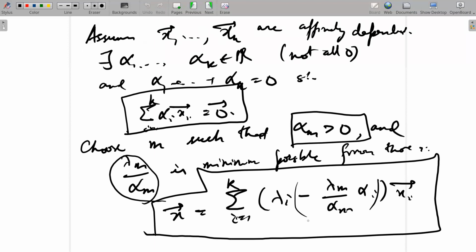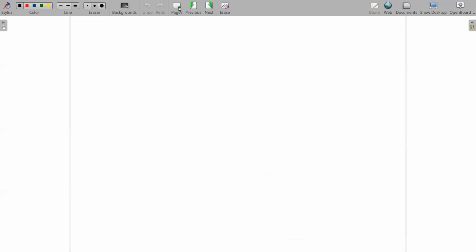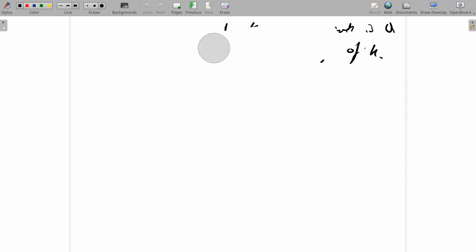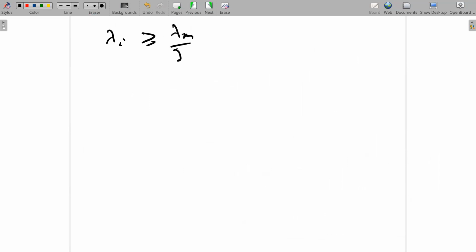Oh, and another thing we have to check is that these are all positive. So that's why we chose lambda m over alpha m to be the minimum such. So these coefficients, let me erase this, previous page. Okay. So here we have lambda i is bigger than or equal to lambda m over alpha m times alpha i.